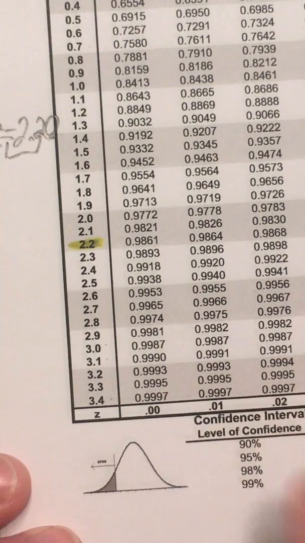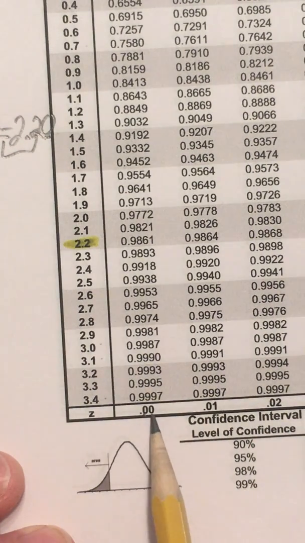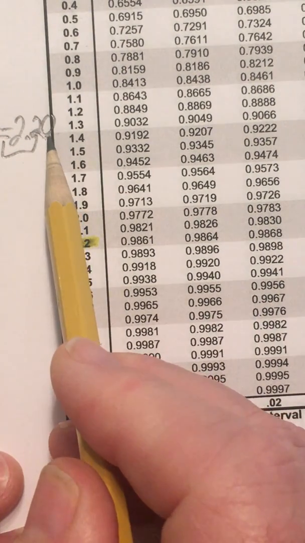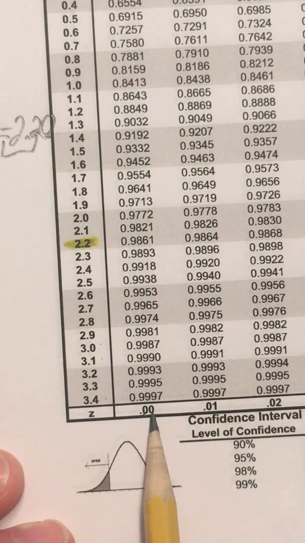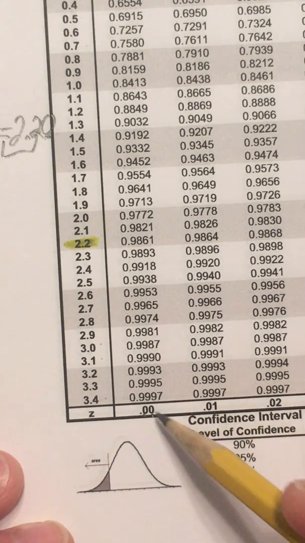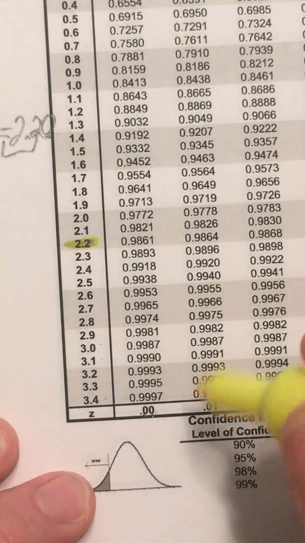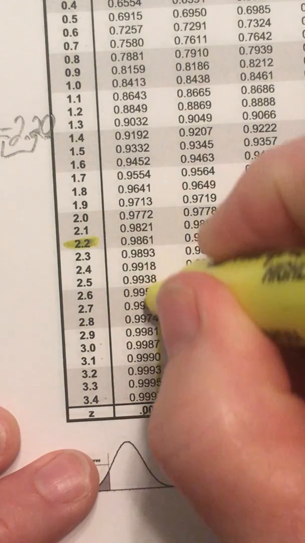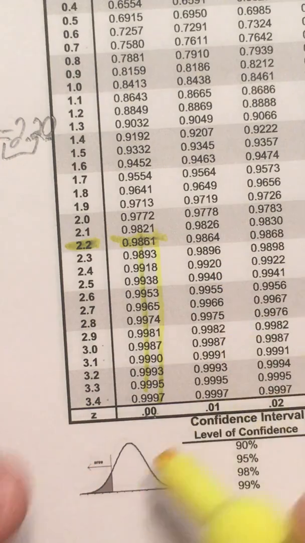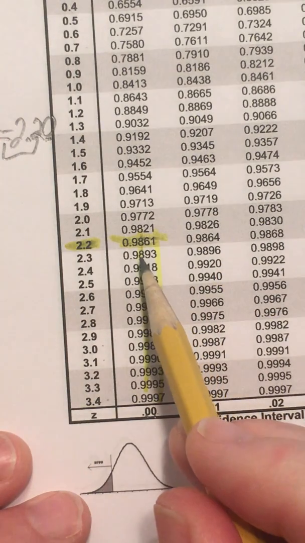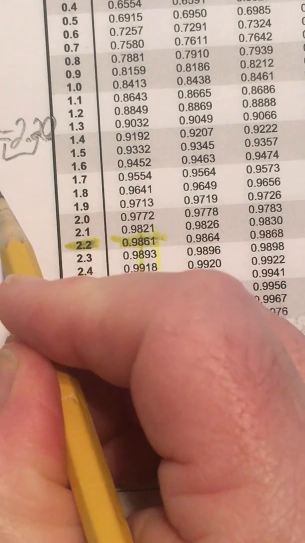That's why this first column is 0.00. If the second digit is 0, then we use the 0.00 column. And again, this table is very well designed. You may enter it from the top, or in this case, it might be easier to enter from the bottom. Wherever those cross, that's the table value we look for. In this case, it is 0.9861.